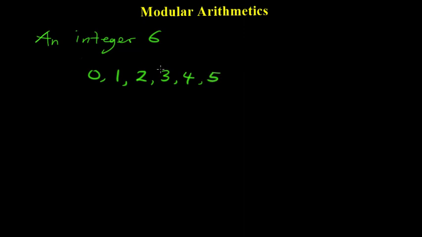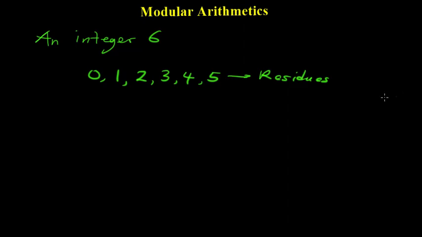Those are the possible remainders when you divide any integer by 6. So these possible remainders are what we call the residues.